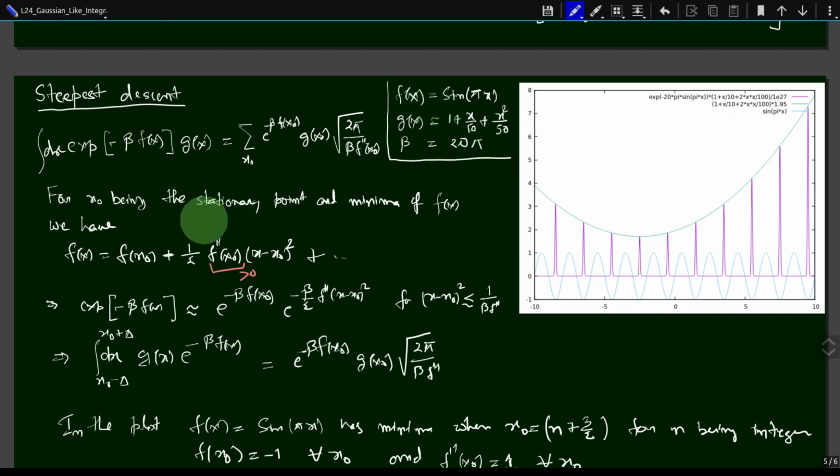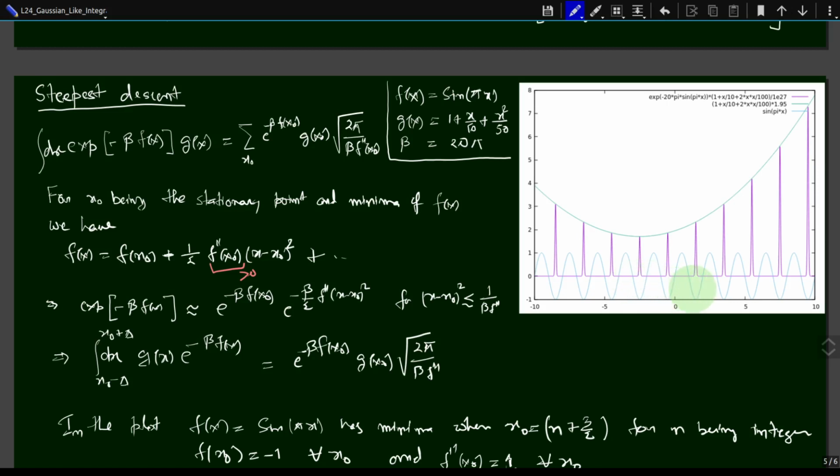Let's just say f of x, instead of having a single minima, has many minima, and I'm choosing a function f of x to be like that, and I chose sine pi x. So it has minima at all these values: x equal to 1.5, 2.5, 3.5, and so on, and also on the negative side, minus 0.5 and so on.